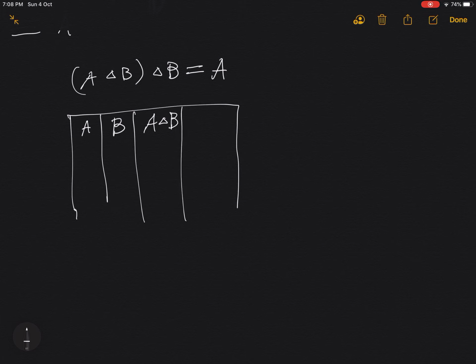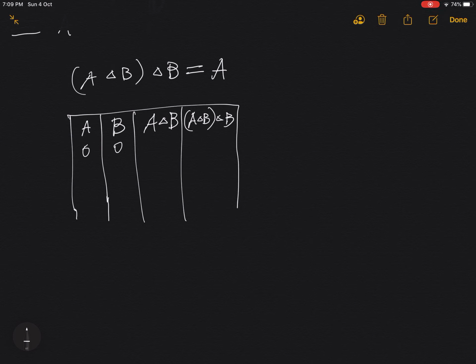And then the second delta B. If the whole column is the same, then the two sets are identical. We can just treat it as a truth table.